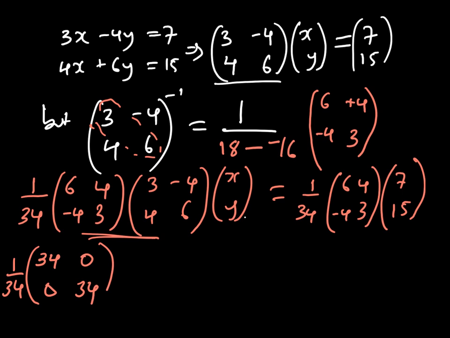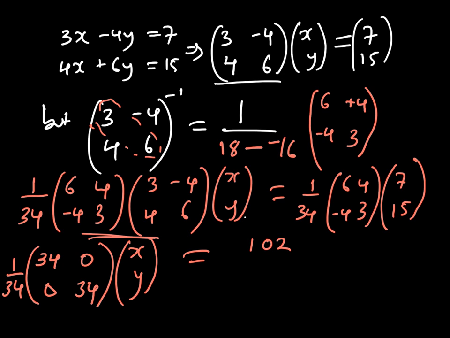And then we have 34 into x, y equals, let's multiply here. 6 by 7 is 42, and 4 by 15 is 60. So that's 102. Then down, negative 4 by 7 is negative 28, plus 3 by 15 is 45.